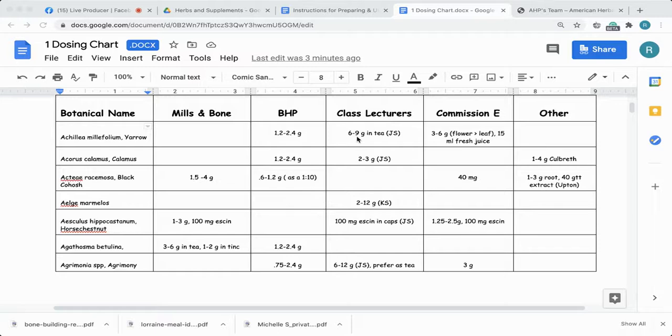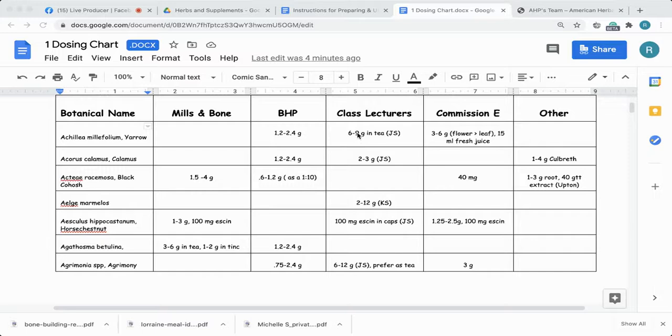They're more food-like. Just like for a client, we wouldn't say you have to have a half a cup of broccoli every day. It's similar with herbs, so you're trying to find that balance between what's a therapeutic dose, and I would always start at the low end and work up as needed based on response. But for a fever, 2 to 3 grams of yarrow would be certainly sufficient.